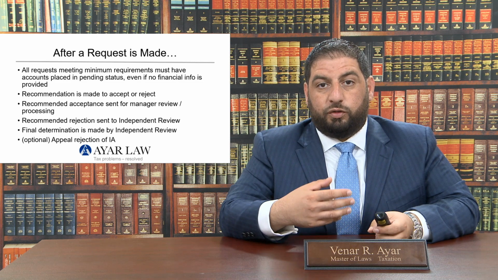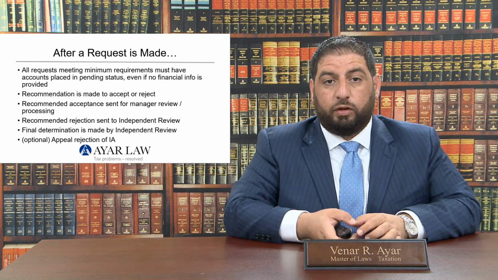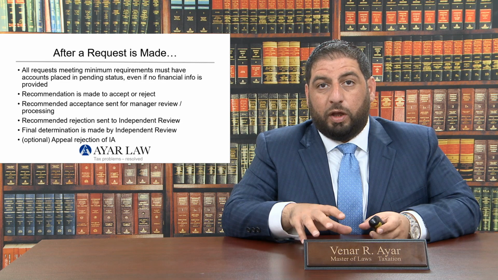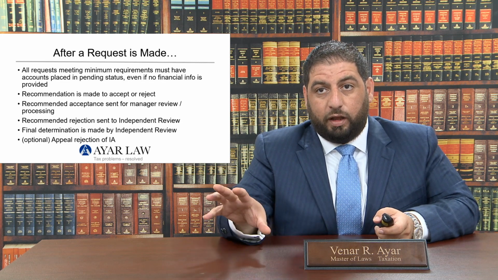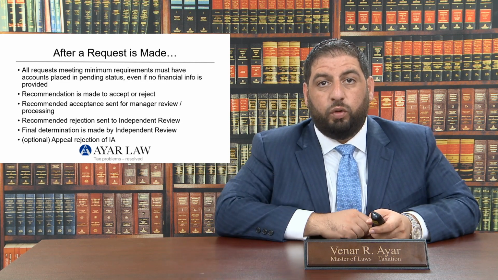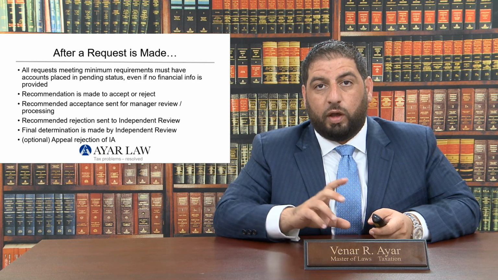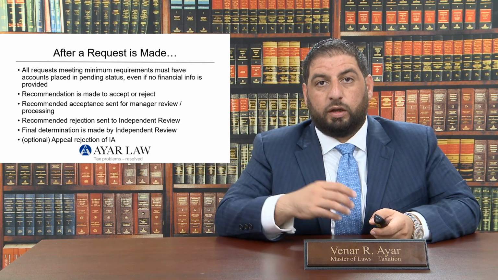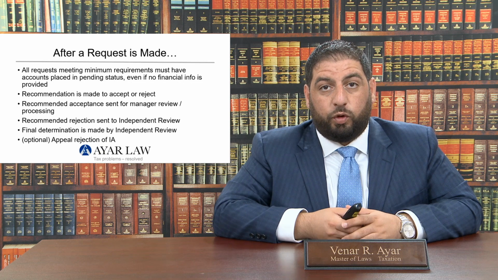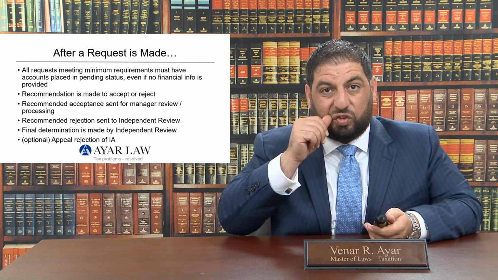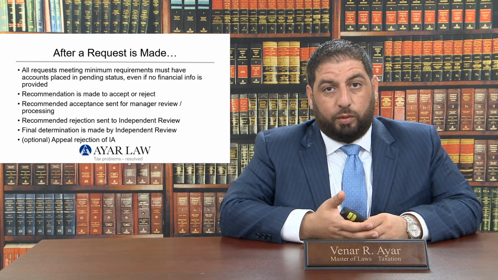It's sent to a manager review, forwarded for processing, and if they recommend rejection, they will send the file to independent administrative review, a separate department at the IRS that will overlook and take a second look at installment agreement requests to see what they think. If they think it should be accepted, they will order that it be accepted.